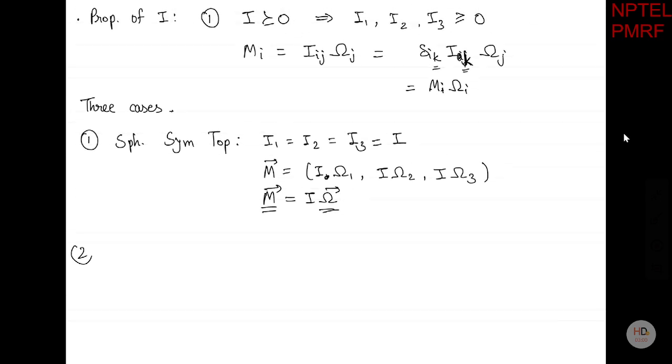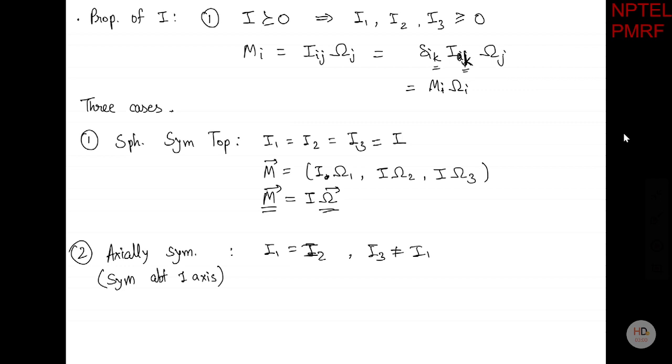The second is to remove some symmetry, so axial symmetry, that is symmetry about only one axis. In that case, two of them would be the same and the third one would be different, not equal to I1.